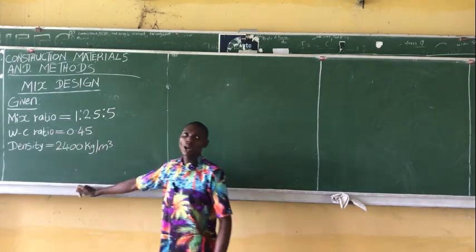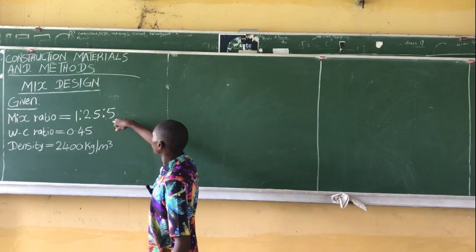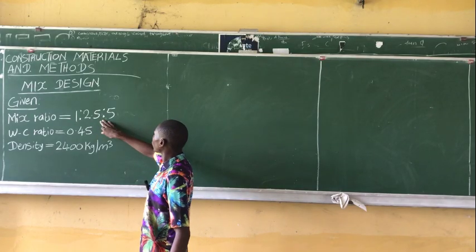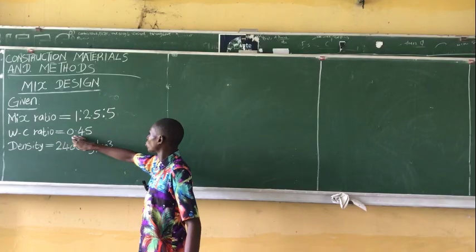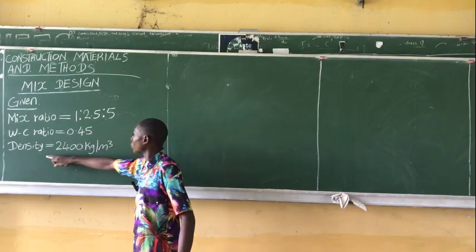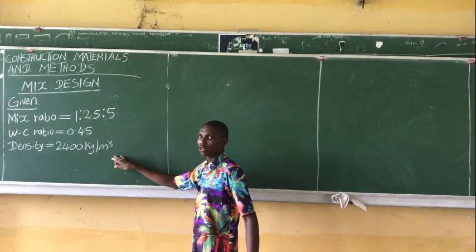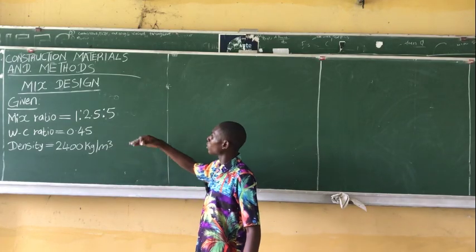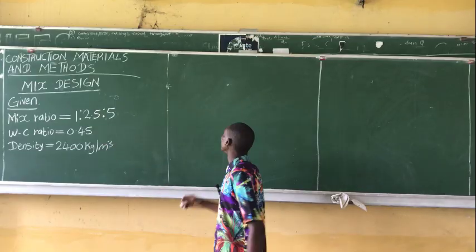So we have the mix ratio to be 1:2.5:5, the water cement ratio to be 0.45, and the density of hardened concrete to be 2,400 kilogram per meter cube. We are asked to determine the weight of cement, sand, granite, and the weight of water.